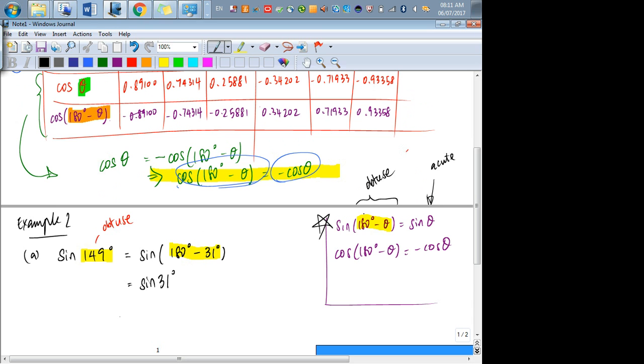What is 180 degrees minus 30 degrees? 150. 150 degrees. Isn't that obtuse? So if I were to find sine 150 degrees, I am actually finding the same answer as sine 30 degrees. They have the same answers as shown in our table earlier on.